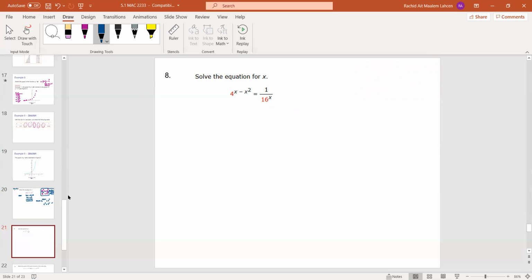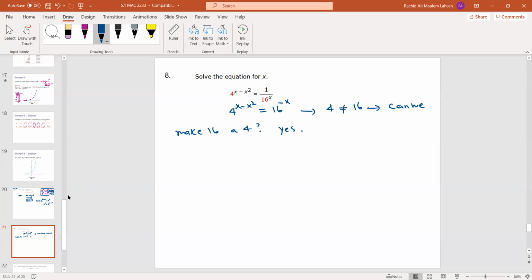So in question 8 here, from the homework 5.1, it's a similar thing. We did this a few times: if you have a negative exponent, you can switch to the positive form, or vice versa. But you see the 4 and 16 are not the same. So we can ask, can we make the 16 a 4?